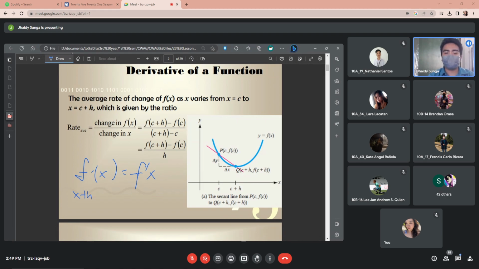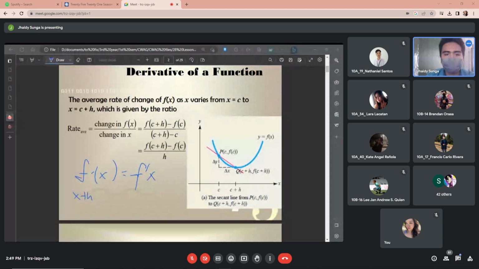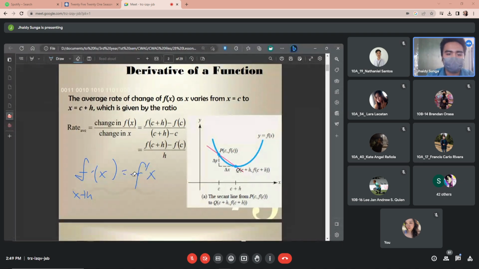There are tips and tricks in getting the derivatives of a certain function. You can still see my presentation, right? Let's have an example in here.